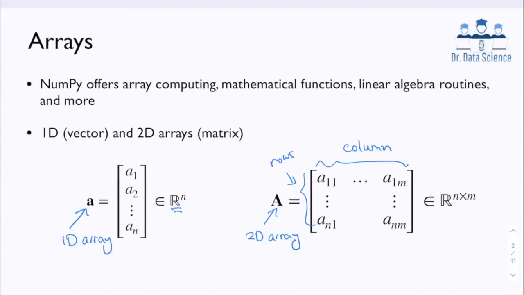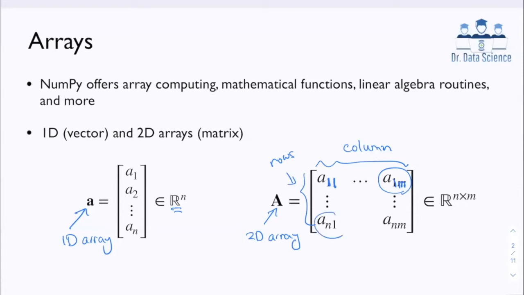One shows where that point is located in the row index and the other one for the column index. So that's why this first element is A1,1. And this element here is in the first row and the column number M, so that's why it is A1M.